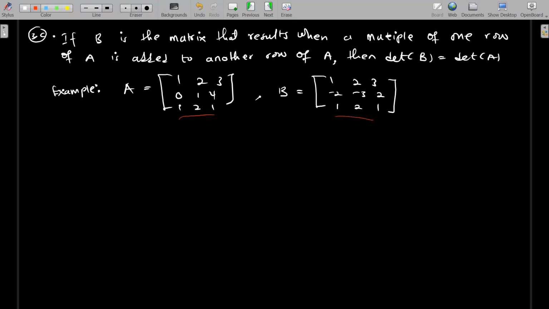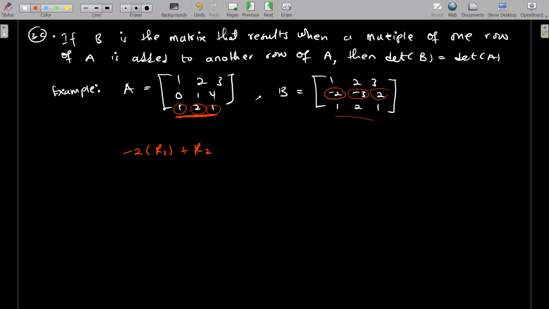But if you look at the second row of B, it is the same as saying I multiply negative 2 times row 3 of A plus row 2 of A. If I multiply negative 2 by this row, I get negative 2, plus 0 gives negative 2. Here, I get negative 4 plus 1, which gives negative 3. Negative 2 times this gives negative 2 plus 4, which gives 2.